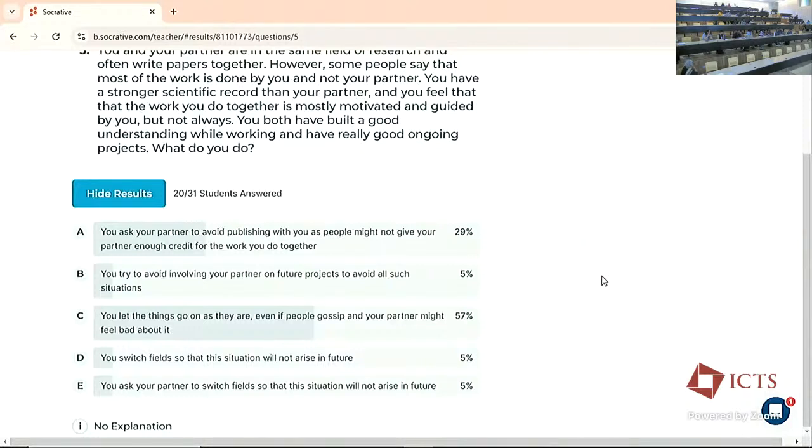Okay, so first of all, I think every answer other than C is really disrespectful towards your partner. D is just unrealistic. You're not going to switch fields in the middle of your research career. Lots of people switch fields, yeah. I cannot imagine this for me.